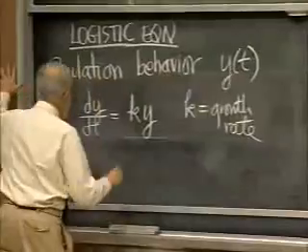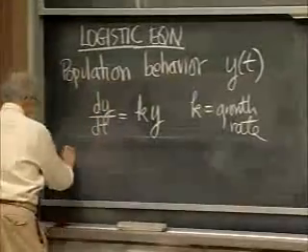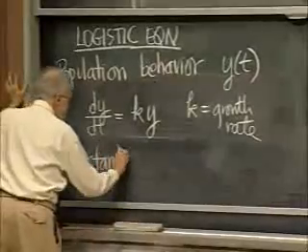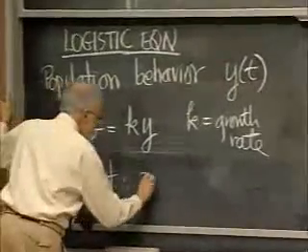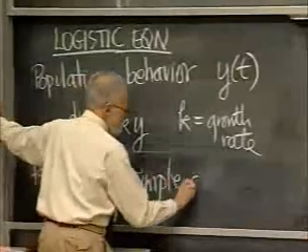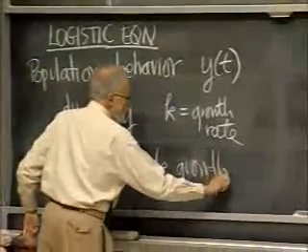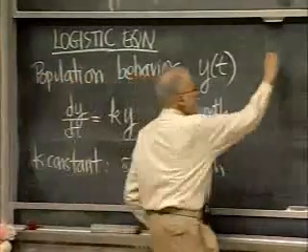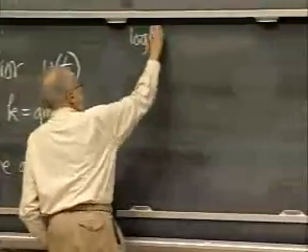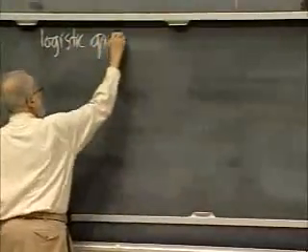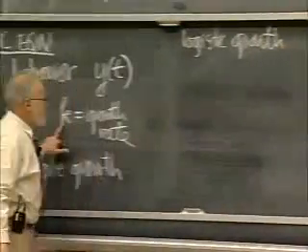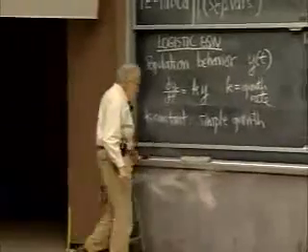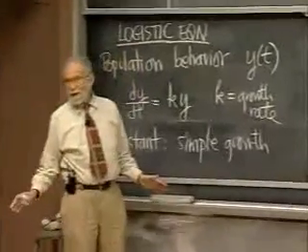Now, if k is constant, that's what's called simple population growth, and you're all familiar with that. Logistic growth allows for a slightly more complex situation. It says that calling k a constant is unrealistic because the Earth is not filled entirely with people.